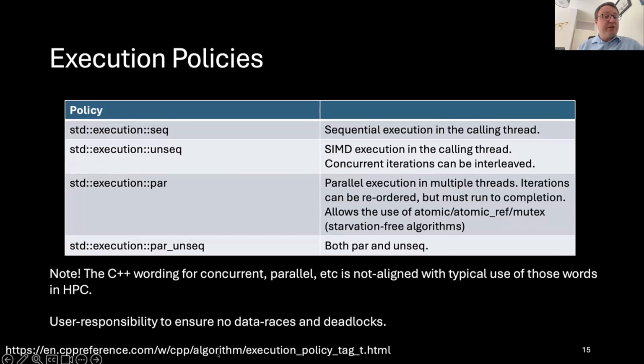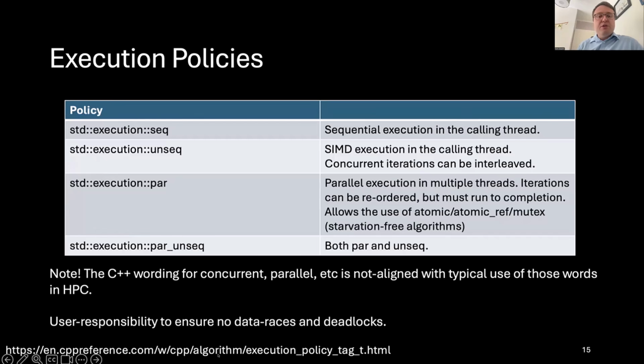With the sequential execution policy, seq, this basically just means the thread that called the function, say transform, iterates all iterations of the loop. It's sequential execution, business as usual, just as it was before we had the execution policies. Then unseq allows that loop that's implied by transform and for_each to be vectorized with SIMD instructions. What this really means is that with that lambda function, you're allowed to interleave iterations of that lambda function with other iterations of that lambda function.